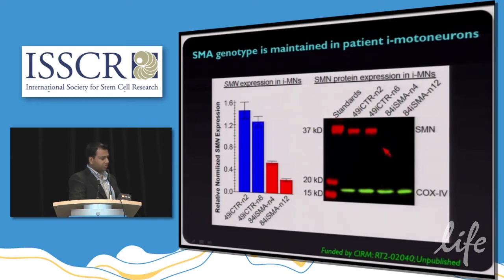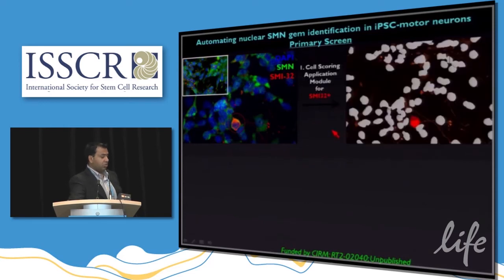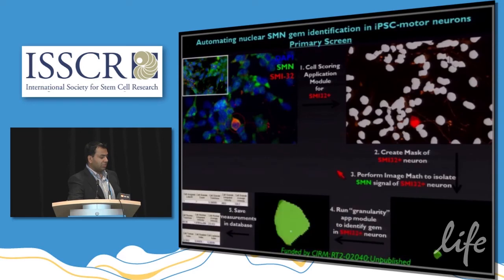We've developed, in collaboration with Molecular Devices, a high-content imaging assay. Here are motor neurons in culture, and SMN is stained for that marker, the gems, in the motor neuron. We've developed an algorithm to identify motor neurons, segregate the nuclei of motor neurons, and then quantify them.